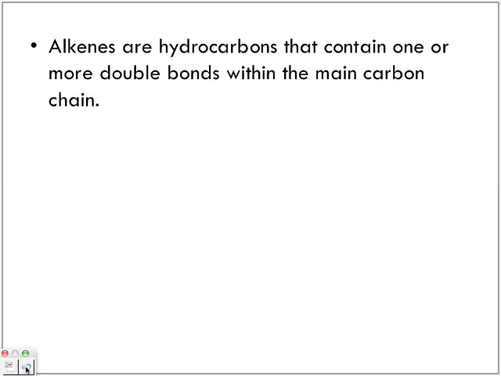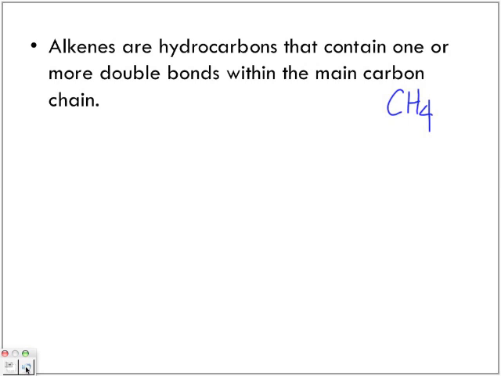Alkenes are hydrocarbons that contain one or more double bonds within the main carbon chain. So that's the main difference between the alkenes for this lesson and the alkanes from the last video. The same rules apply when looking at naming, with the exception of methane. Of all the hydrocarbons that we looked at last video, the least number of carbons we can have is 1 carbon.